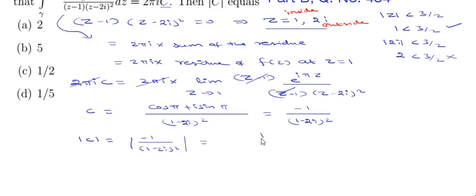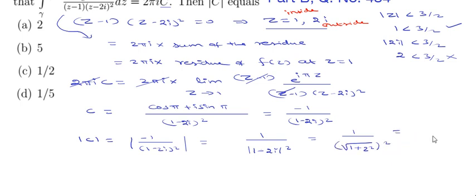This equals 1 by modulus of (1 minus 2i) square. This equals 1 by root of 1 square plus 2 square, and here we have square.